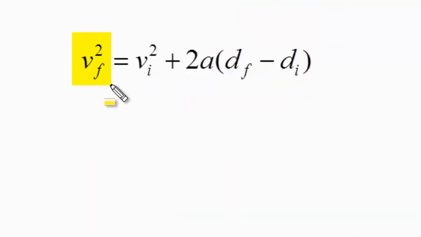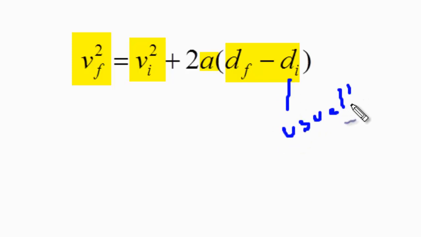Let's look at this one now. This one has a VF squared, a VI squared, an acceleration, and a change in distance. Again, just like before, that distance, DI, is usually 0. So if it's not explicitly mentioned in the problem, you don't need to worry about it.